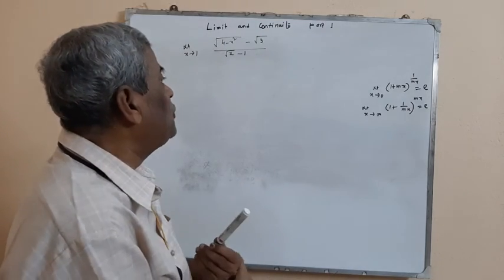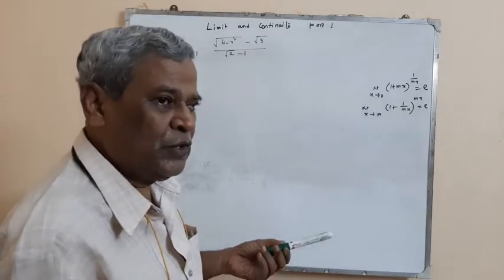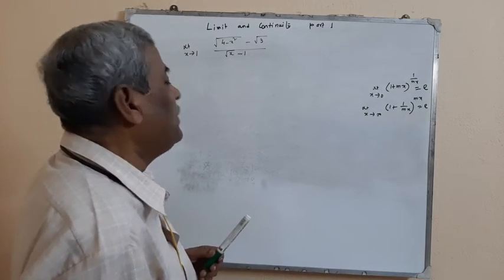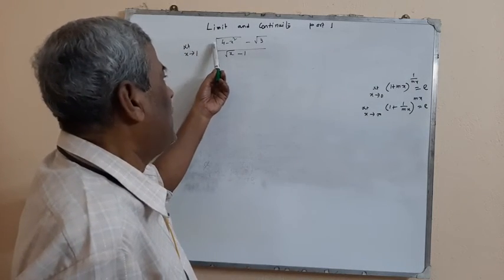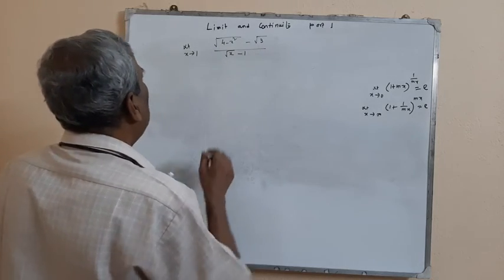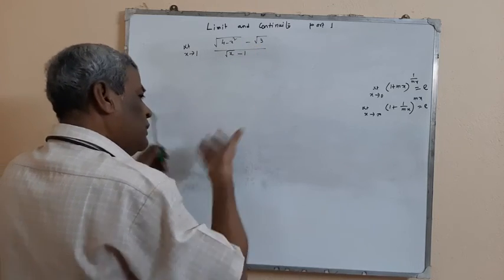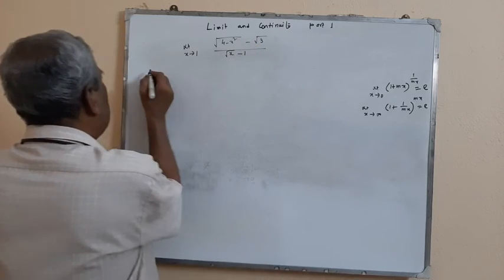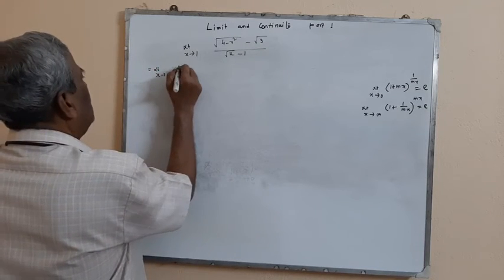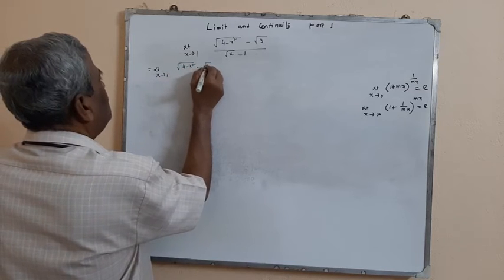If it is of the form 0 by 0 and there is some radical sign, square root, cube root, etc., first of all, we have to remove this sign. For that purpose, multiply throughout by the conjugate of this and the conjugate of that, numerator and denominator. So it is equal to limit x tends to 1, root over of 4 minus x square minus root 3.